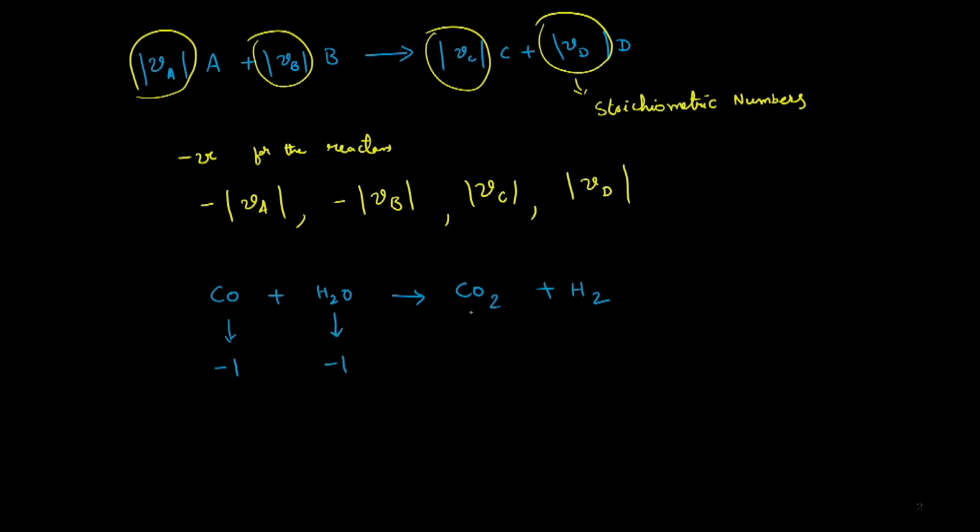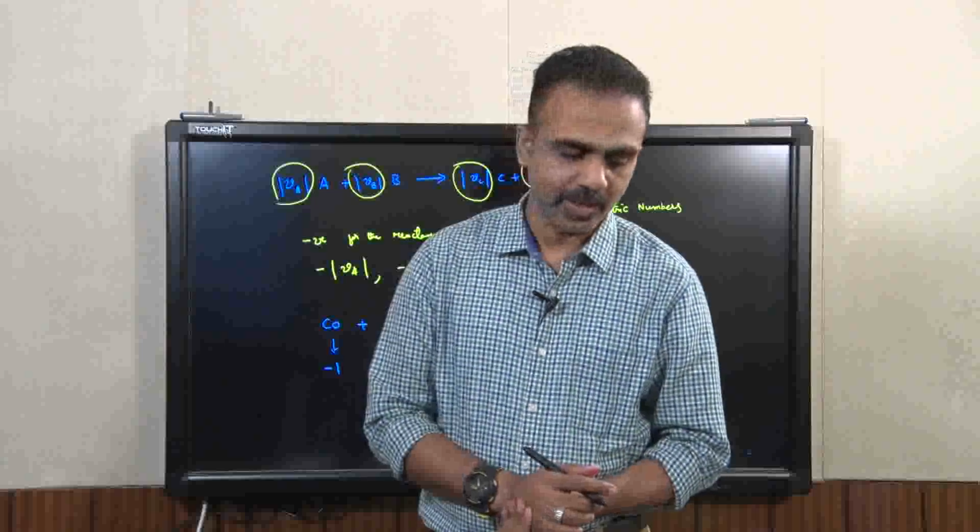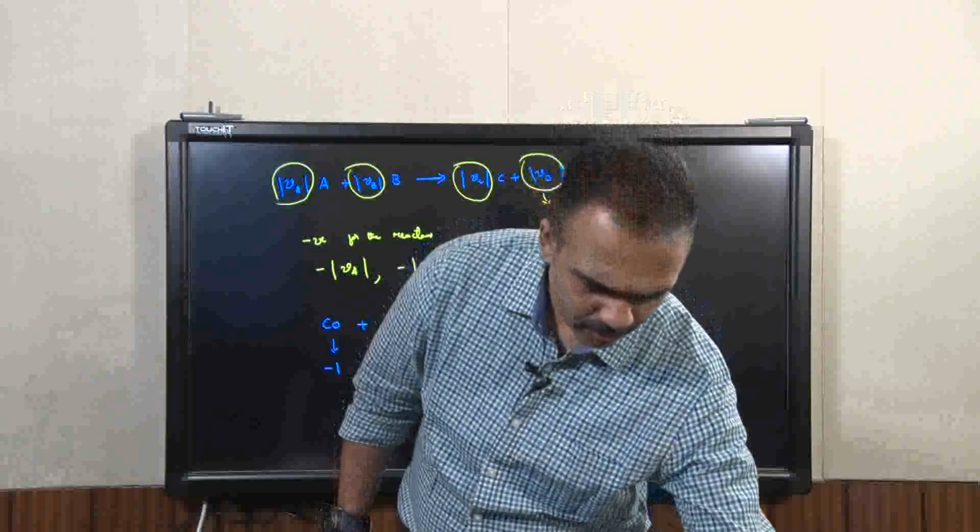For H2O also it is -1. For carbon dioxide it is 1, and for hydrogen it is 1. So all the products get the positive sign, the reactants get the negative sign, with the appropriate number of moles present in this particular reaction.